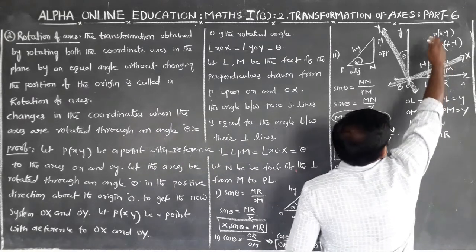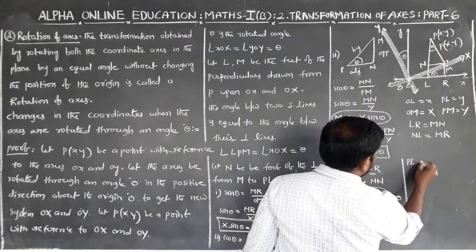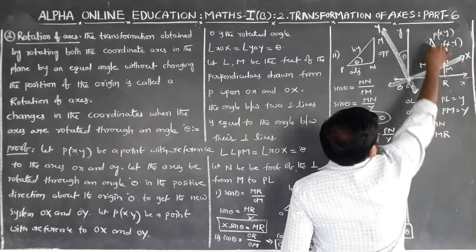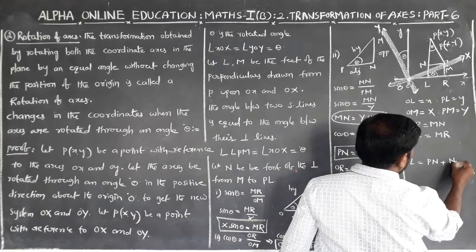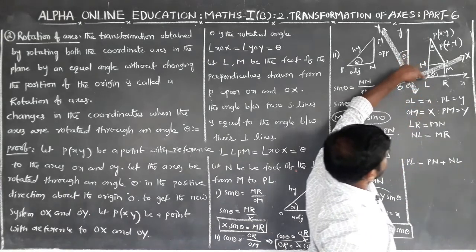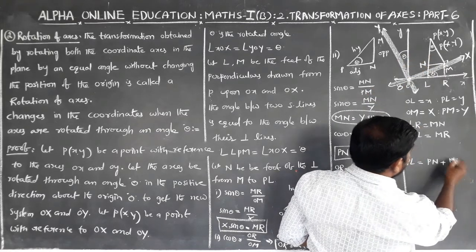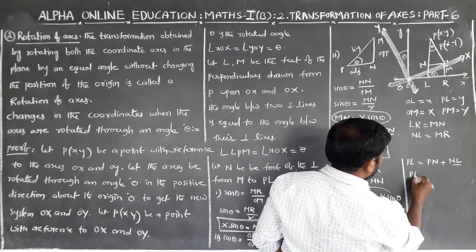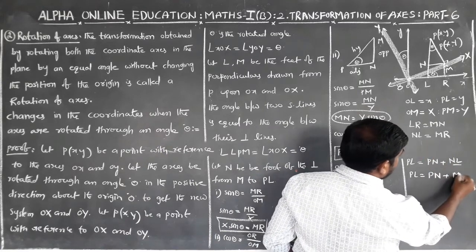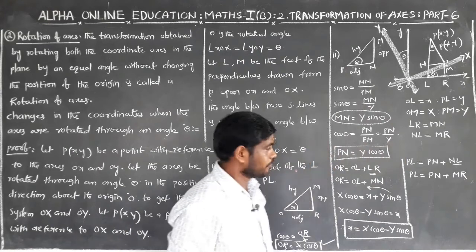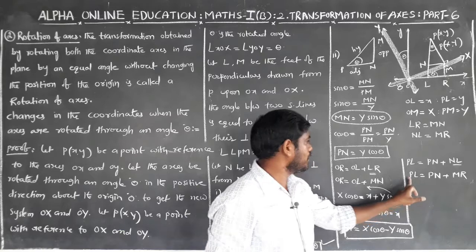Second one, PL is equal to PN plus NL, and NL is equal to MR. Substitute the PL, PN, MR values.